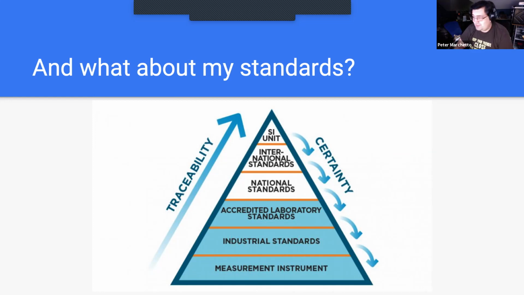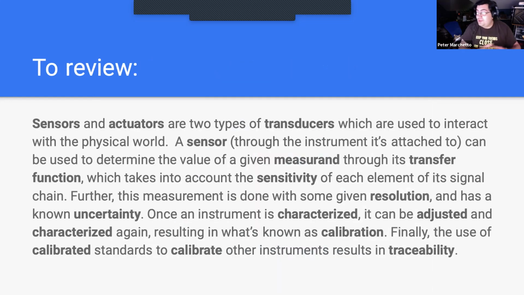So to review, here's one big long paragraph that uses every single vocabulary word we looked at the beginning, which is the right way to do it, right? Sensors and actuators are two types of transducers, which are used to interact with the physical world.